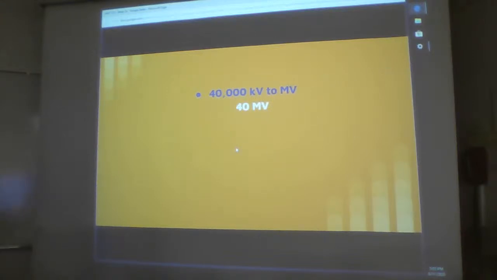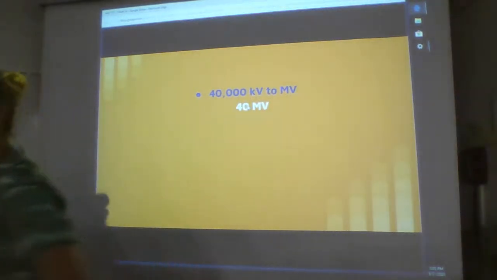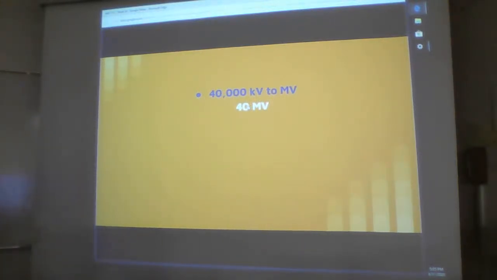That's what 40,000 kilovolts is in megavolts. So that's another good example, because it can be confusing going from kilo to mega or kilo to micro, because you've got to take the difference of those exponentials.